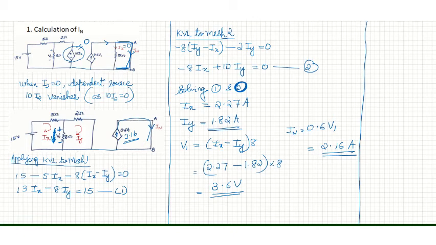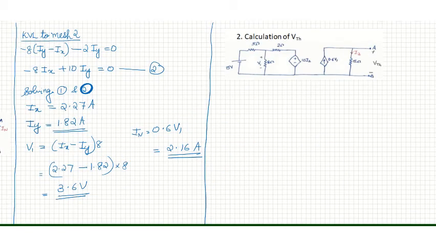Next step is to calculate VTH. In order to calculate VTH, open circuit the terminals A and B and find the voltage between terminals A and B. This will be VTH. Mesh currents are marked IX, IY, IZ.